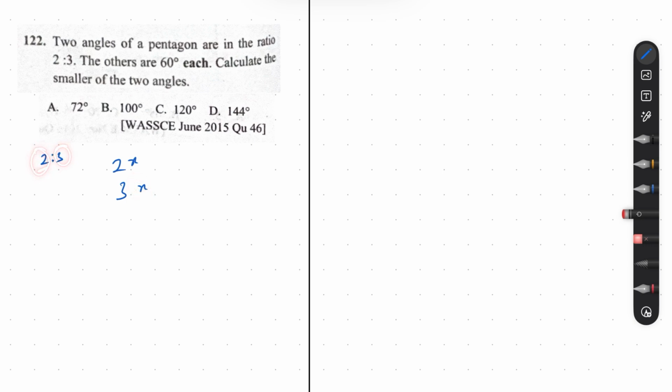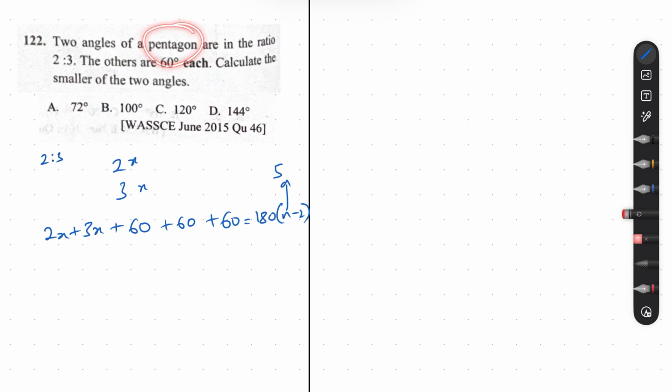Cool. So now what that means is we can add these and set them equal to the sum of interior angles of a pentagon. So let's do this. We have 2x plus 3x plus 60 plus 60 plus 60 should give us 180(n minus 2). But we know that our n here is equal to 5, because we are dealing with a pentagon.